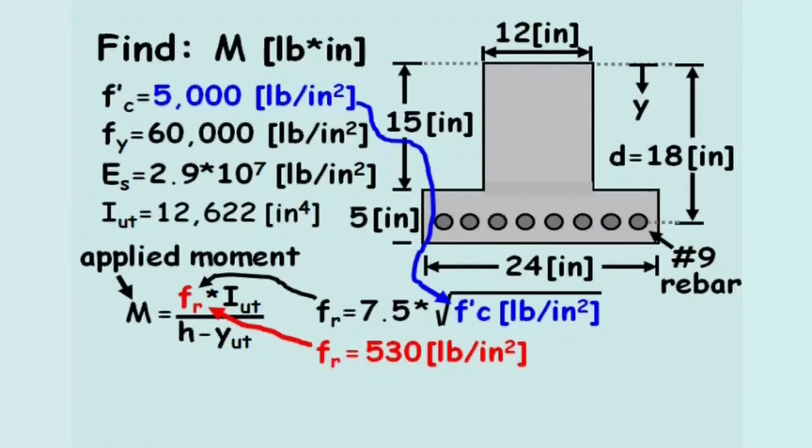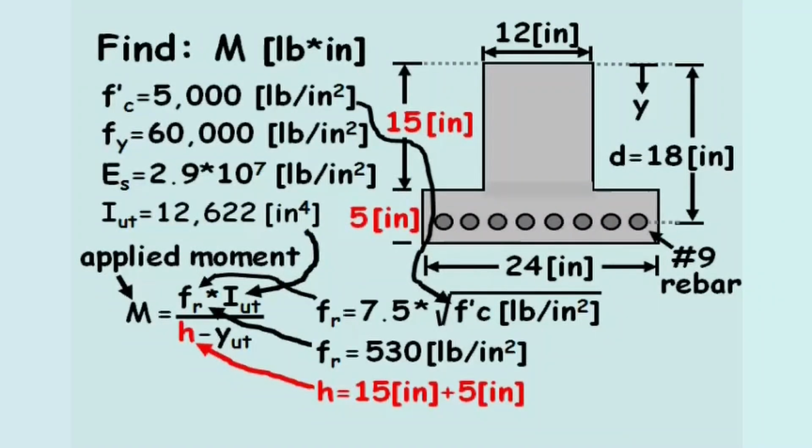The uncracked transformed moment of inertia is given in the problem statement as 12,622 inches to the fourth power. The height of the beam, h, can be determined by adding the 15 inches and 5 inches shown in the figure.